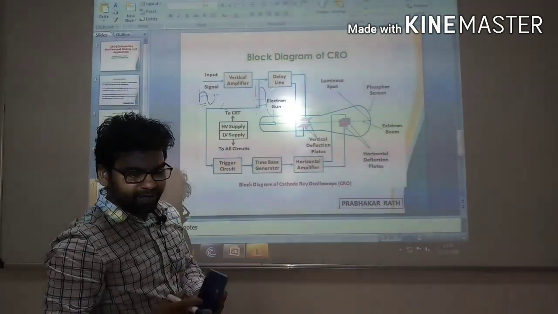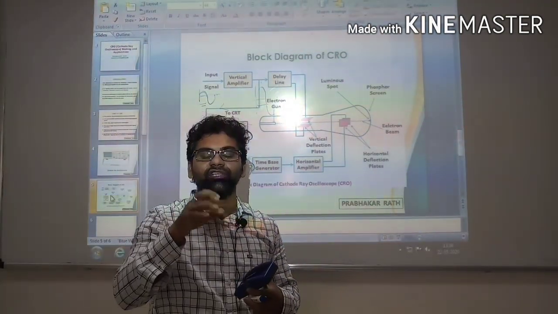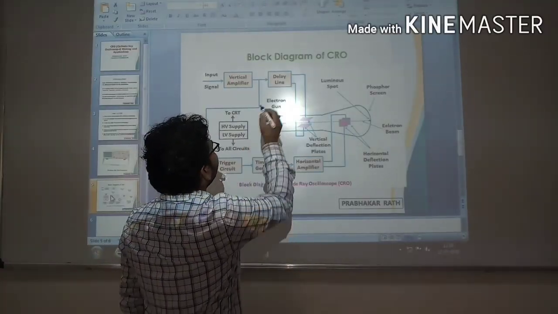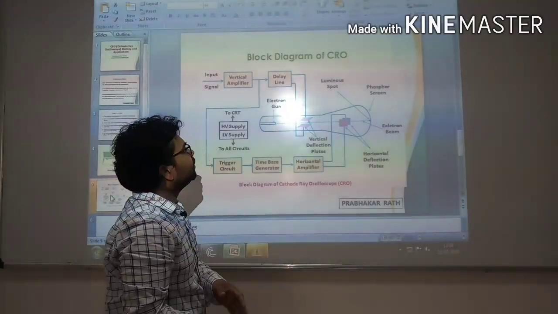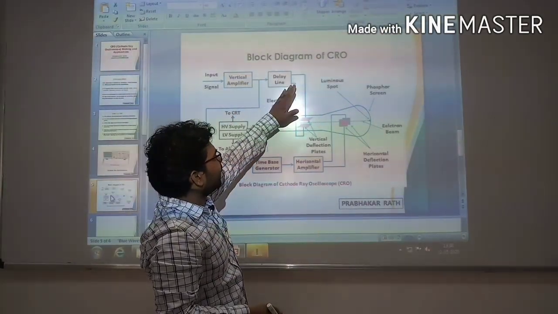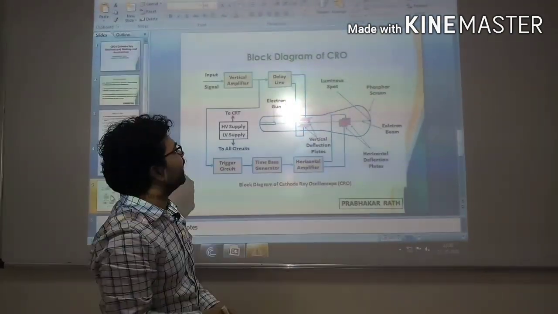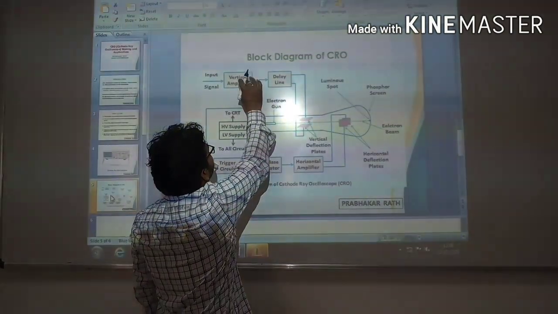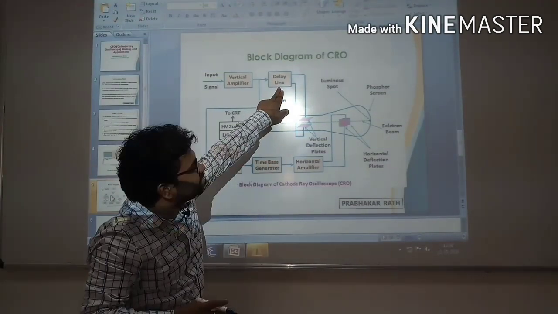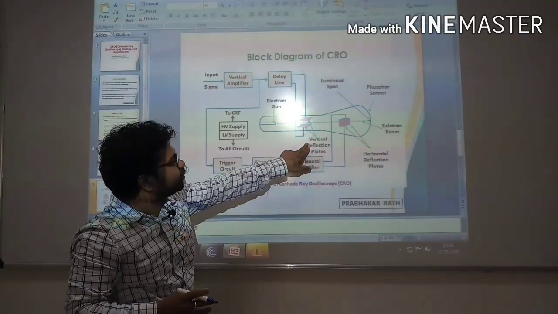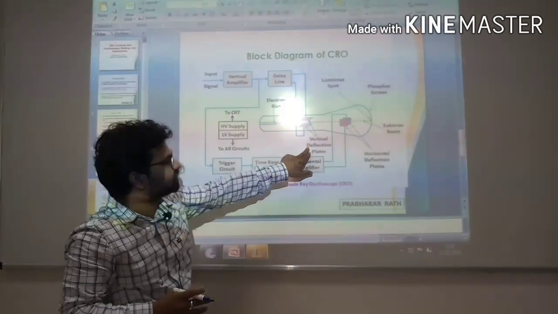So, what is the main importance of the delay line? Why are we using the delay line in that particular case? The main purpose of the delay line is this: when we provide a signal to the vertical deflection plate, the signal comes from your vertical amplifier, goes to the delay line, and then goes to the vertical deflection plate.